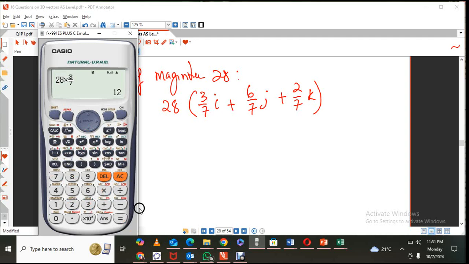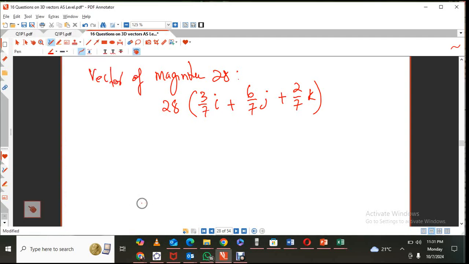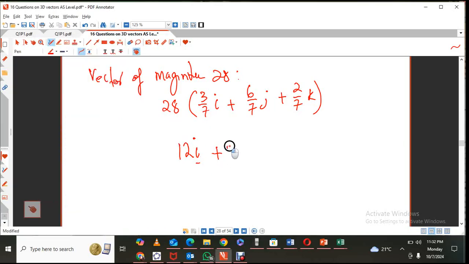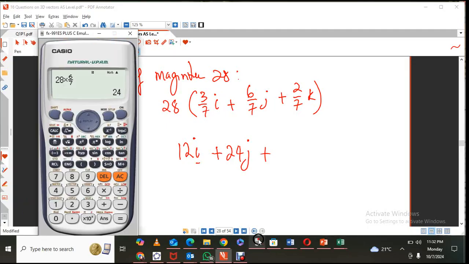you're going to get 12. Okay. So this is going to give you minus 12i. And if you take the same 28, and you multiply it by 6 over 7, okay, it's 4 times 6, which is 24. You get 24j, and if you take that same 28, you multiply it by 2 over 7, okay, that's 4 times 2, which is 8.